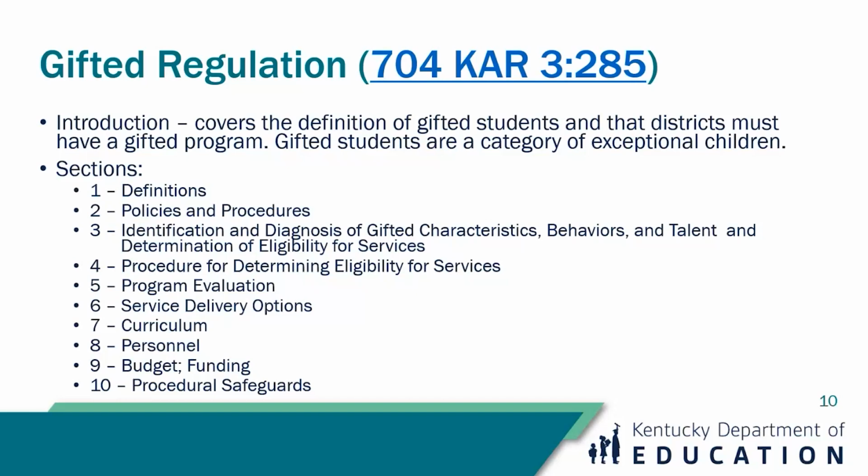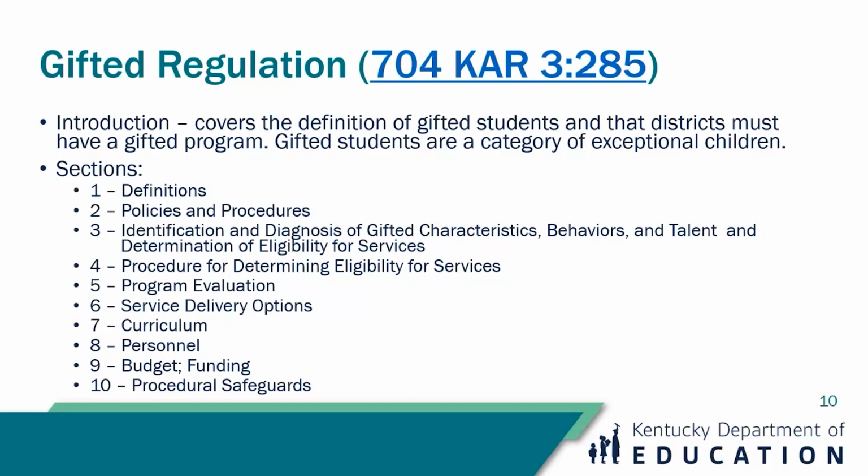In our state, Kentucky's gifted students are a category of exceptional children. Now, we do not receive IDEA or special education funds because children in the state of Kentucky are not seen as children with a disability. But we are considered to be exceptional. Gifted students are considered to be a category of exceptional children.